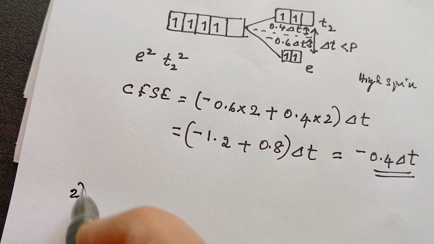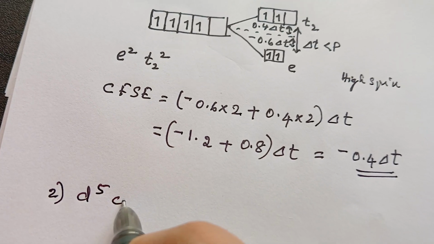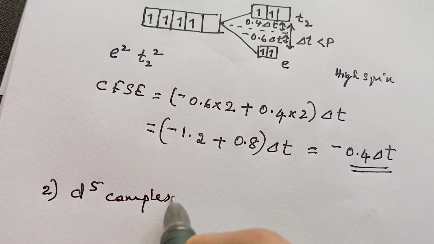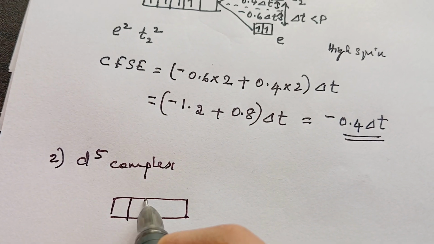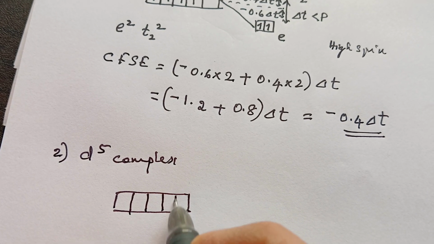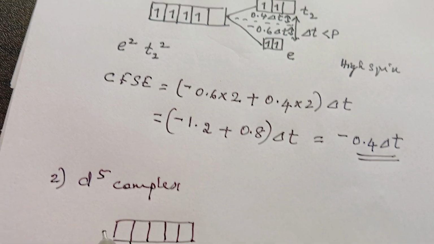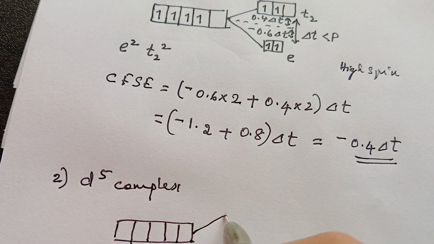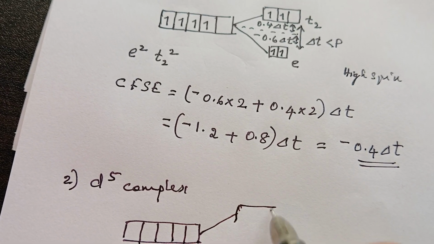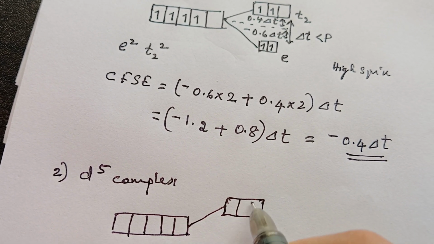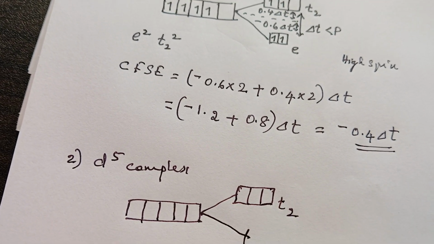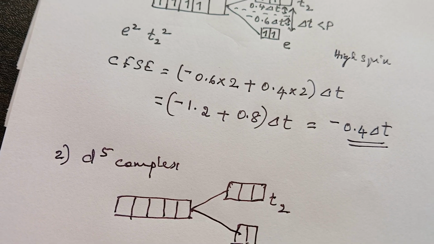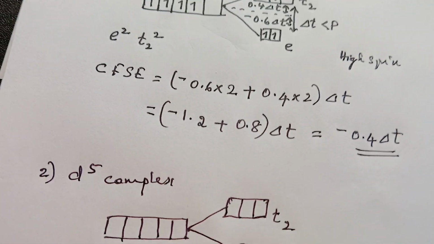Let us look at the second one, that is a D5 complex. Draw the diagram. 1, 2, 3, 4 and 5, 5 electrons occupying these orbitals. They split into 2 sets, that is the T2 set on top and the E set below.